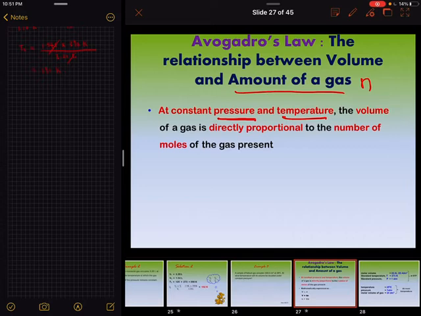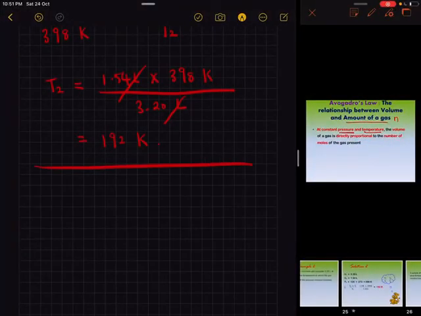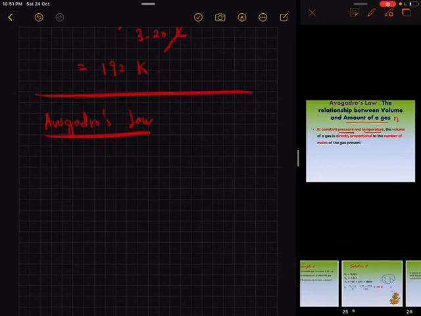So for Avogadro's law, this law states the relationship between V and N, number of mole of gas, and the relationship is directly proportional, where P and T are constant.